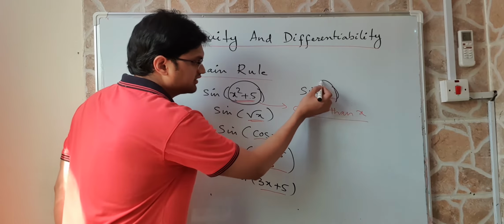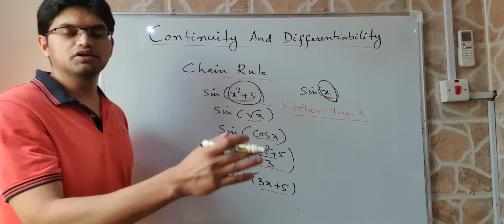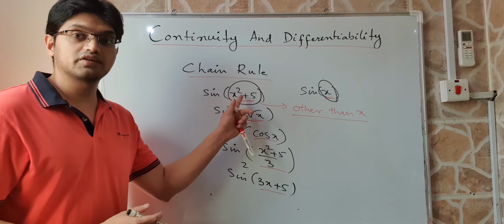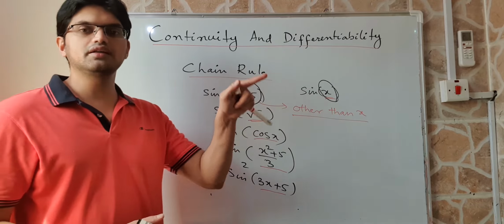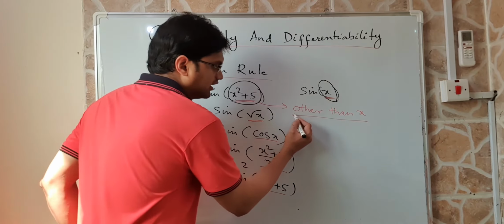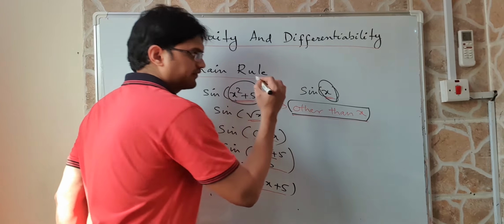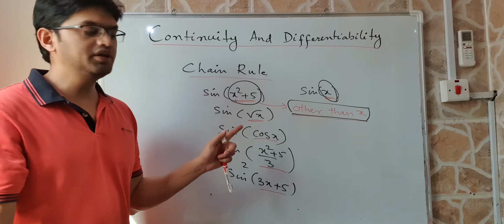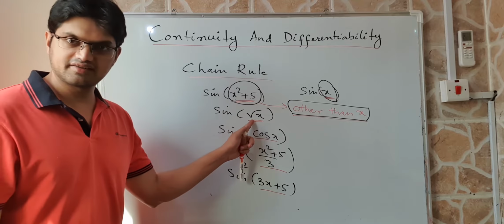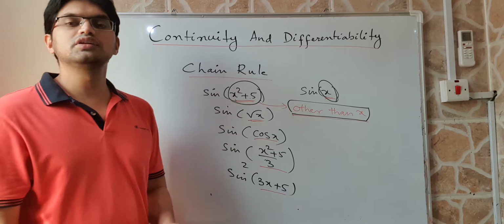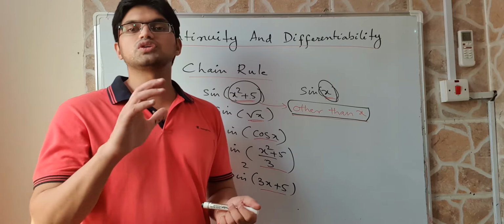The normal function is sine x, and the derivative of sin x you have already learned. Now when the angle has been changed to x square plus 5, that means it is a case of the chain rule. Why? Because it is other than x. The angle is something other than x, like root x, cos x, x square plus 5, 3x. So these are the problems related to the chain rule.